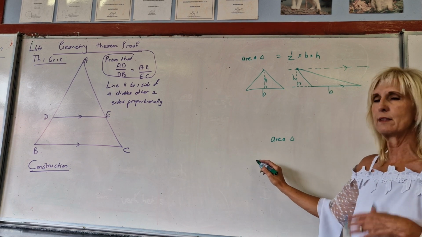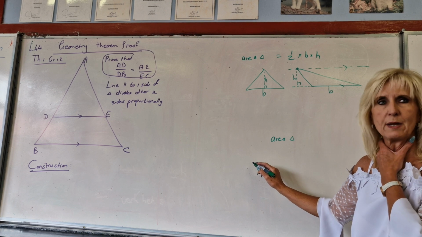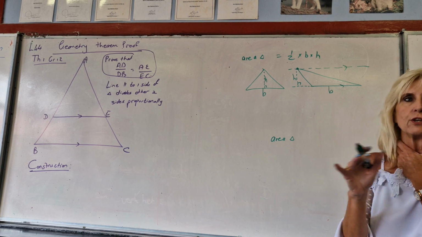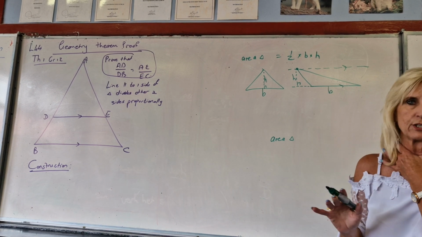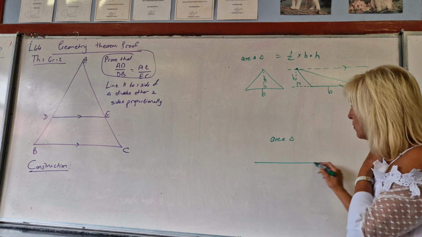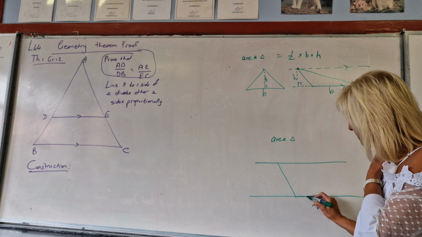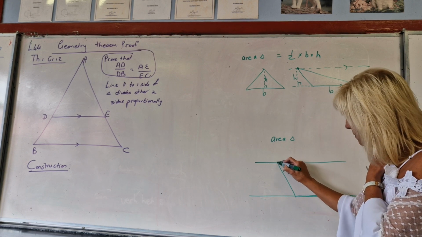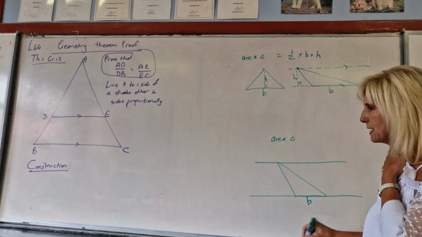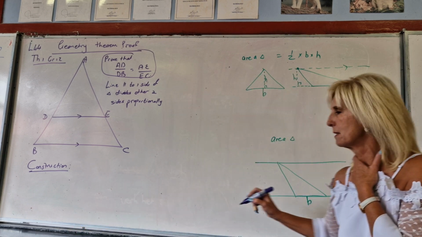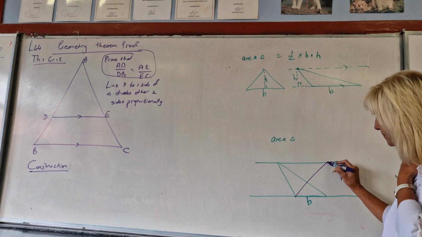So there is a theorem in grade 10 that they rarely use anymore. You don't even really touch it. It says that if you want to work out the area of 2 triangles, and the one's base is the same as the other one's base, I'm going to make it purple.